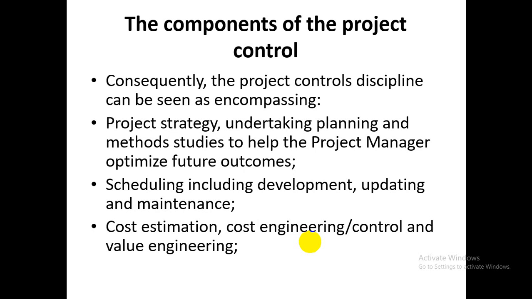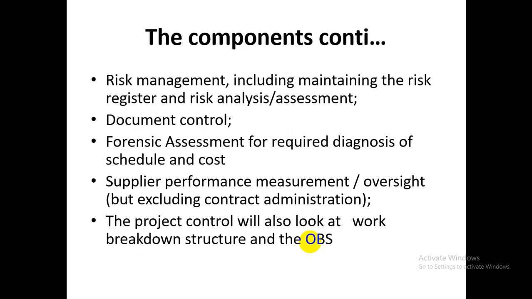Okay, we have here the components of project controls. Here we are saying that consequently the project controls discipline can be seen as a project strategy, as scheduling, including development, updating and maintenance, then cost estimations, cost engineering, and others. So you can look at them in that way.